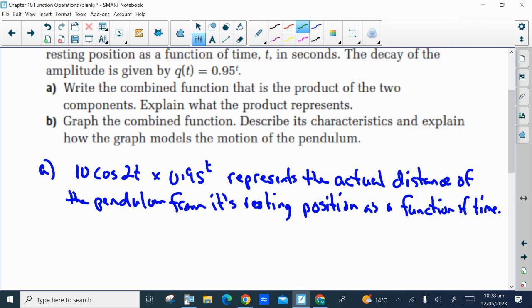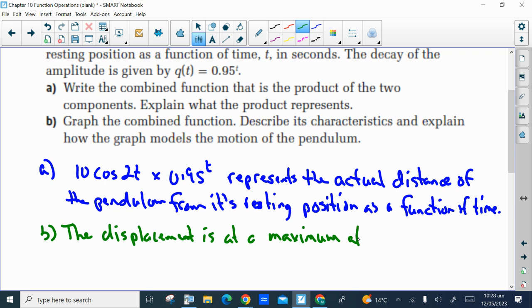So when we describe what's happening here, we can say the displacement is at a maximum at time zero and decreases by 5% after each cycle.